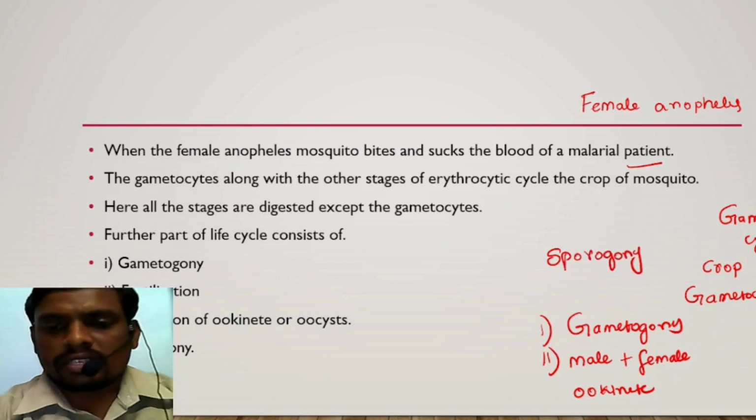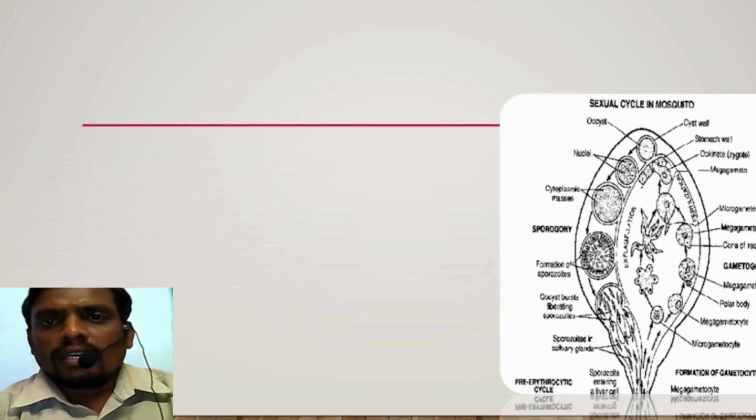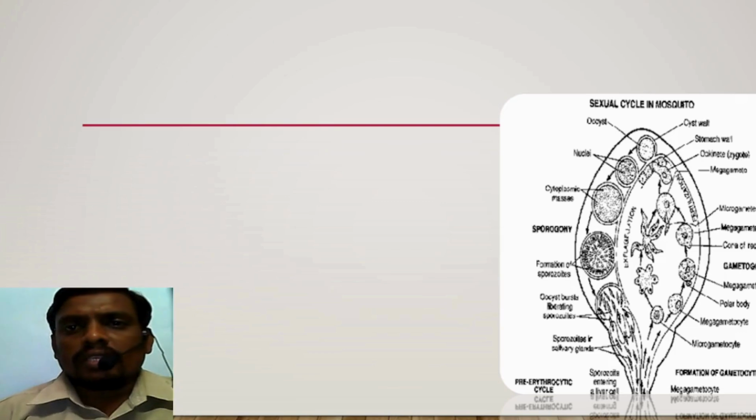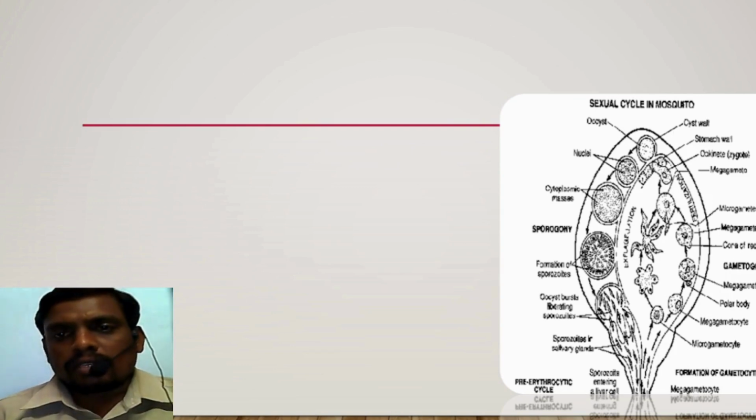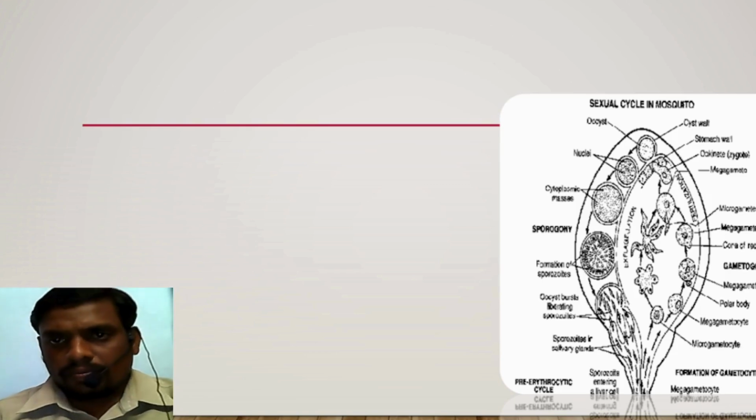These are the four stages in the sexual life cycle of Plasmodium vivax in mosquito. Here you can see the entry of gametocytes, microgametocyte and macrogametocyte, into the crop of mosquito.